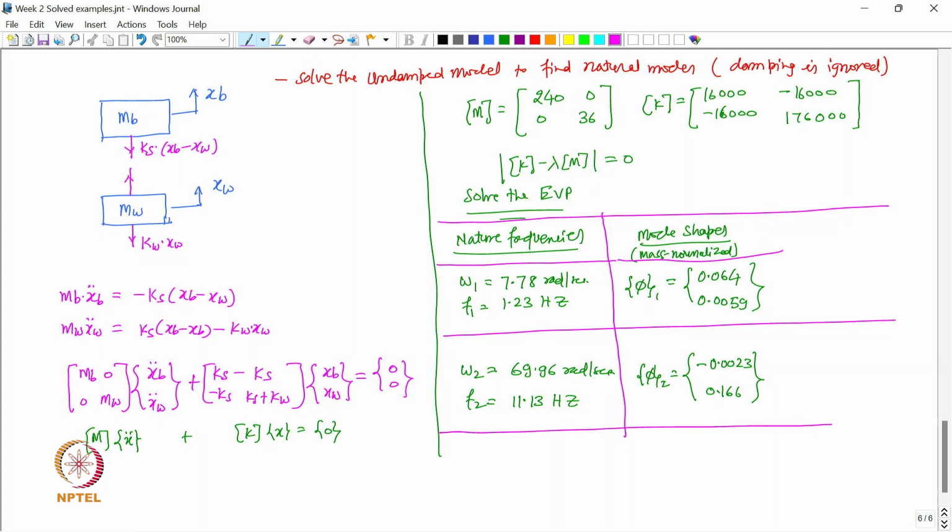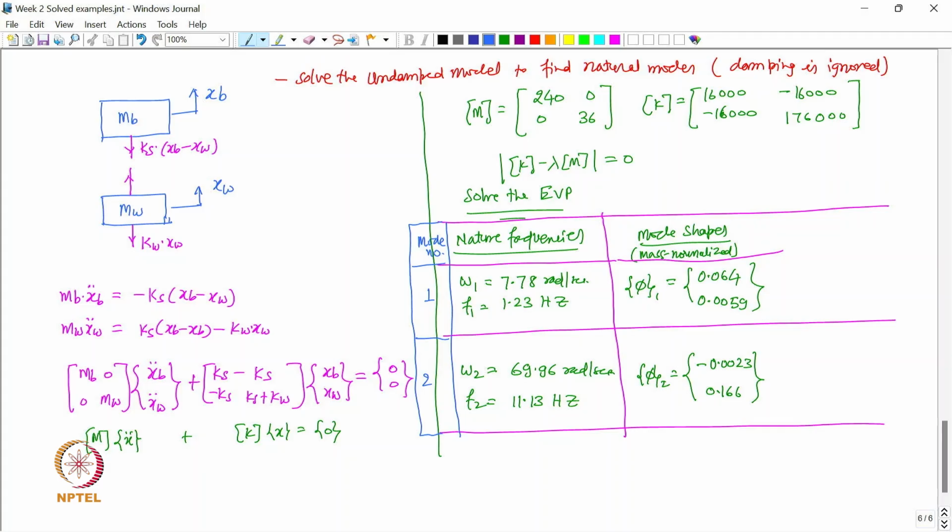So, now let us look at the results. It is pretty interesting. If you look at mode 1, maybe I can write that here. This is the mode number. So, this is the first mode, this is the second mode. The first mode natural frequency is 1.23 hertz, very low frequency, right.